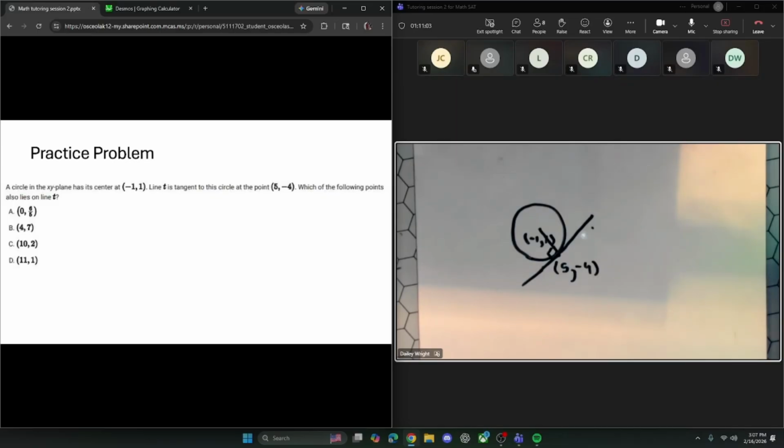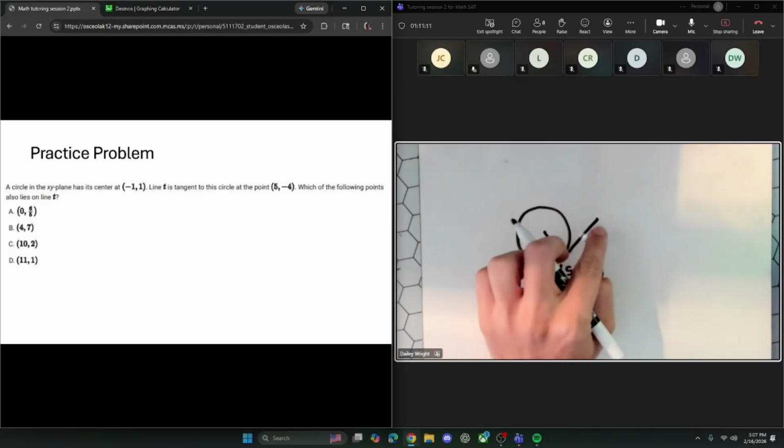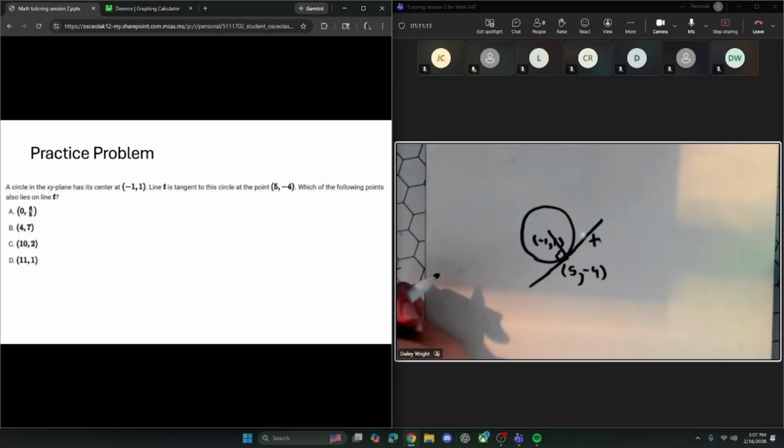So we want to find the equation to line T, because finding the equation to line T would help us figure out what point's on line T. To find the equation, we need to find the slope, because we already have a point. We need a slope and a point to find the equation.